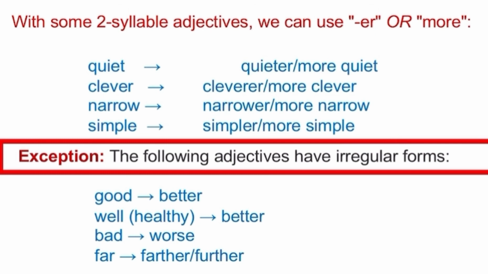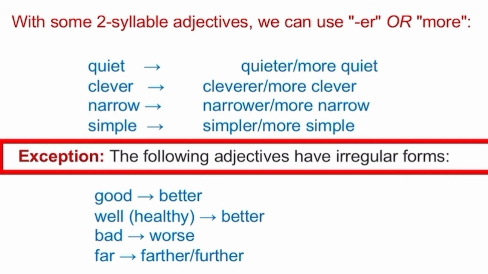The word well, you can use it as better. Okay, so if you talk about health, okay. Bad, when you use it in a comparative sentence, you say worse. Okay.